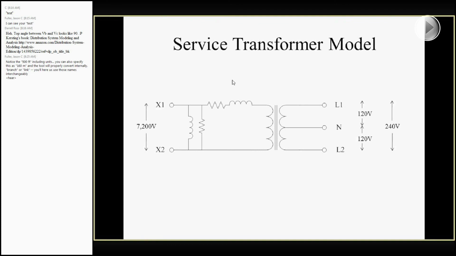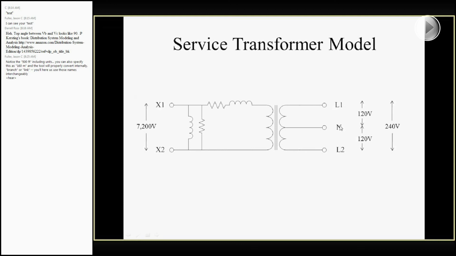This is the final, I believe it's called the service transformer, where you're going from your distribution voltage down to your end-use load voltage. So this X1 and X2 would typically be connected between either two of your phases, either A and B, or B and C, or C and A, or more commonly between like A and ground, or A and neutral, B and neutral, something like that. And then on the end-use side, you actually get this L1, N, and L2.